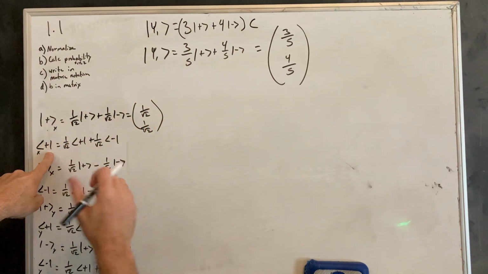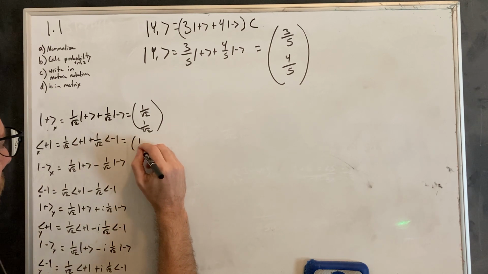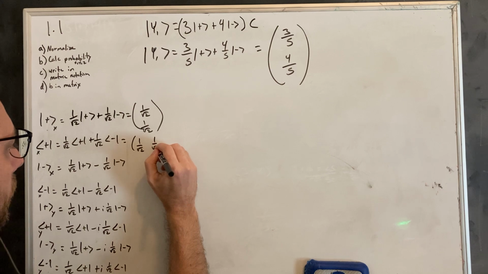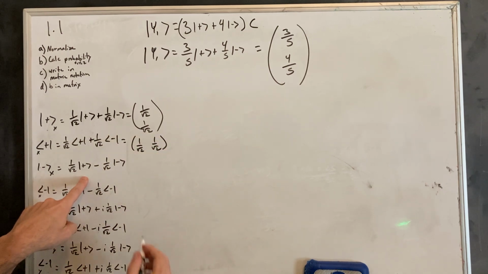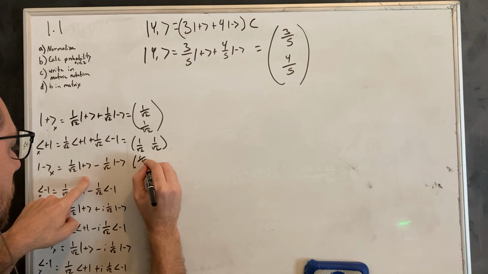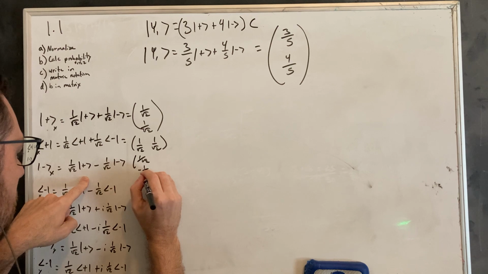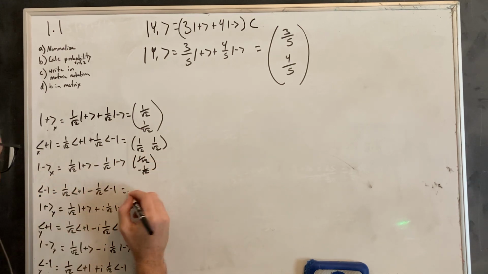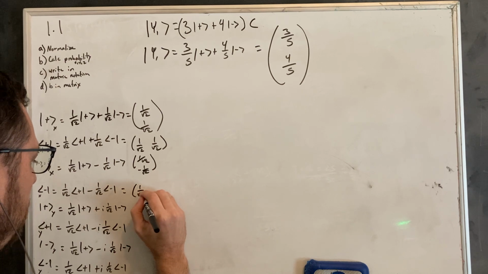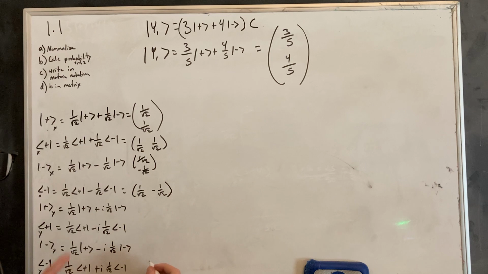The bra, though, remember, that's going to become a row vector. So that's going to be 1 over root 2, 1 over root 2, like that. So same thing here. This is going to be 1 over root 2, negative 1 over root 2. And our row vector is going to be 1 over root 2, negative 1 over root 2, and so on.